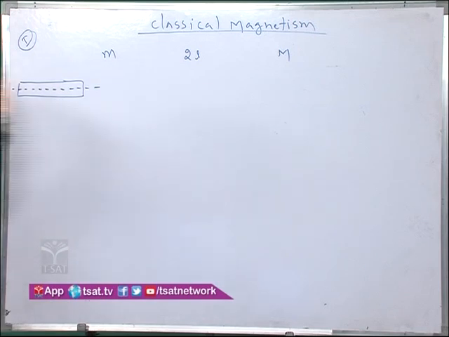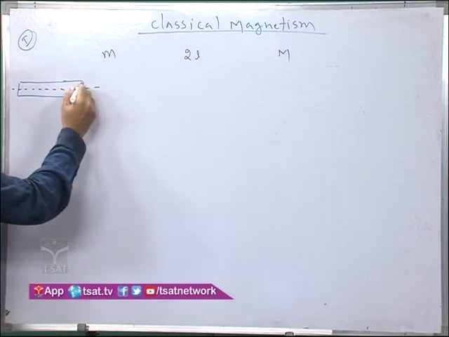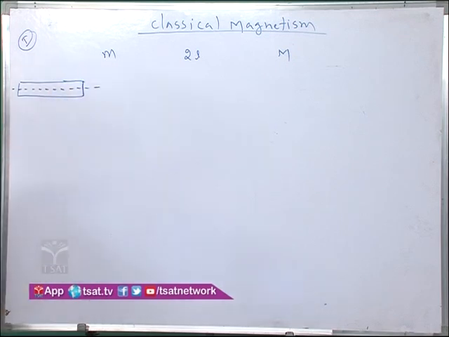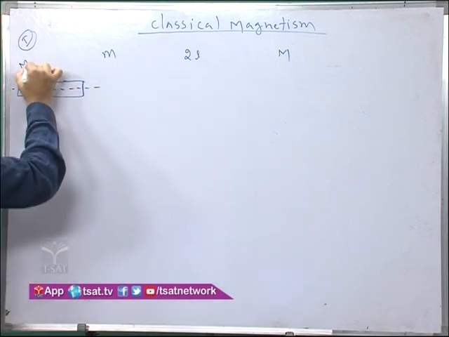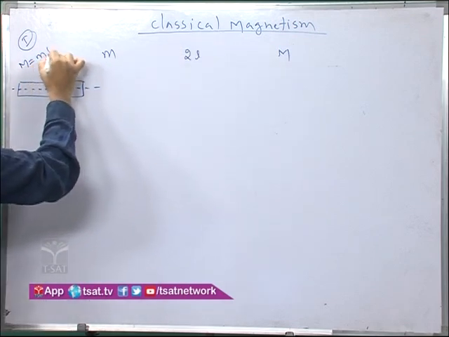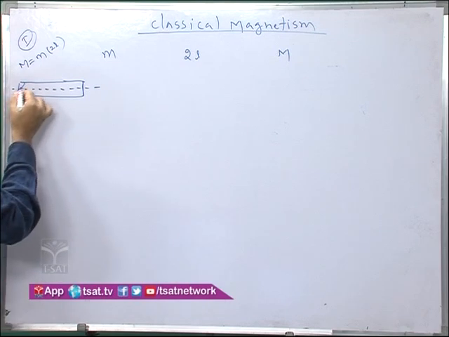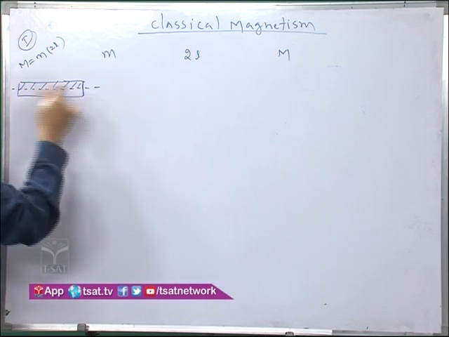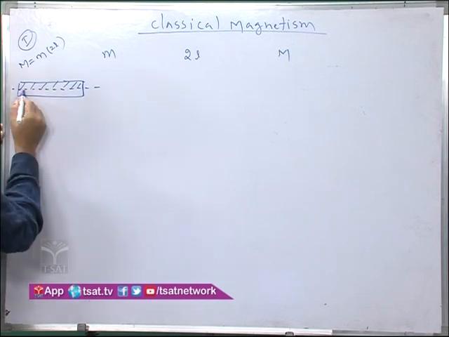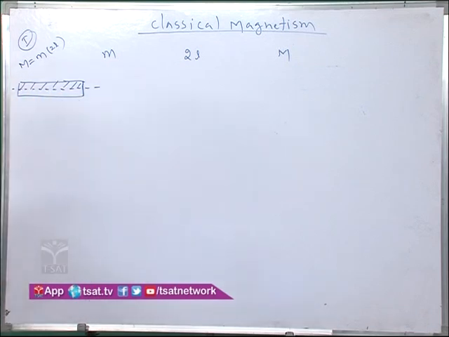If it is cut along its axial line, see this end point of the bar magnet, half part. So its new magnetic moment is what? In this case, M is equal to pole strength into magnetic length. This half part is sliced along its axis passing through the south and north pole. So what is the magnetic moment of each piece?